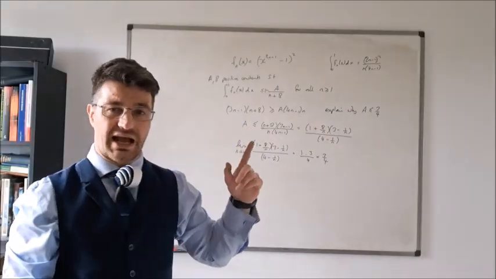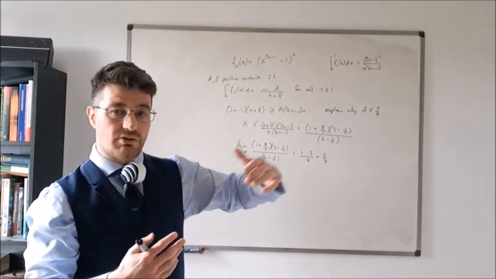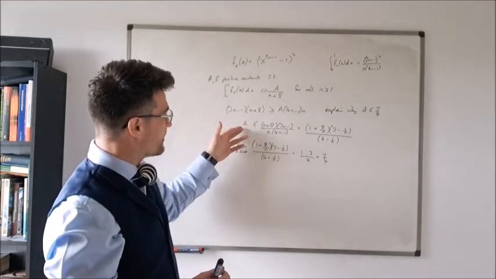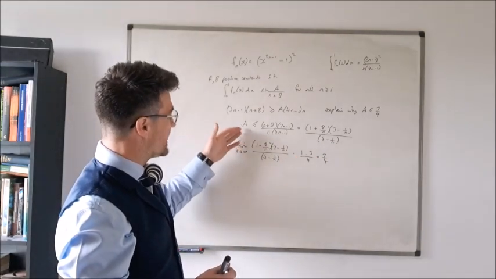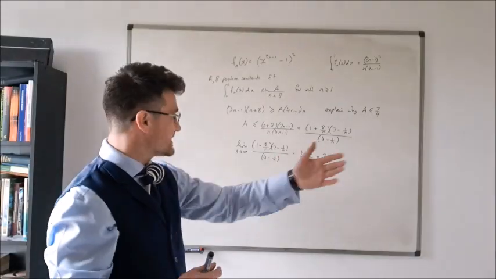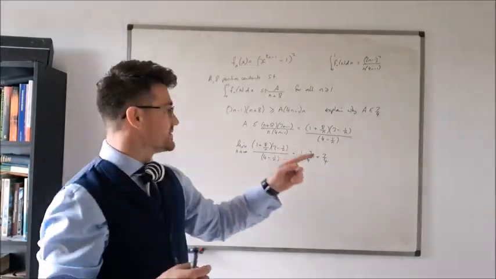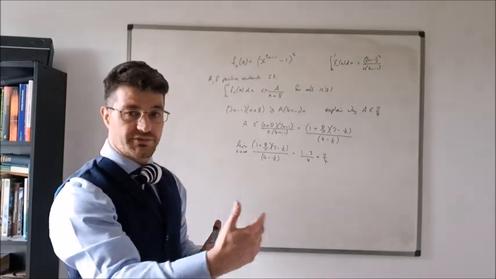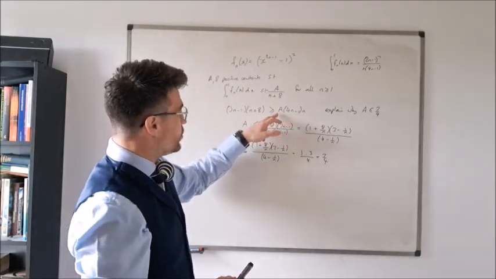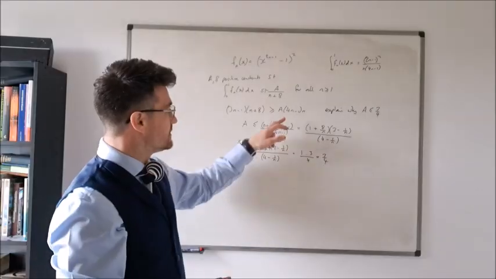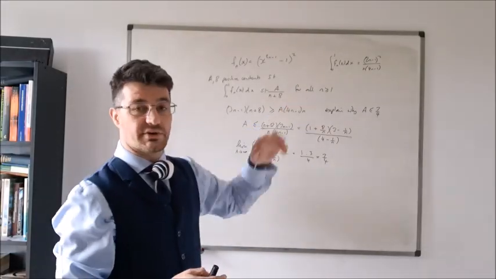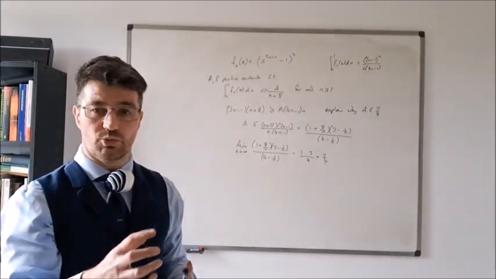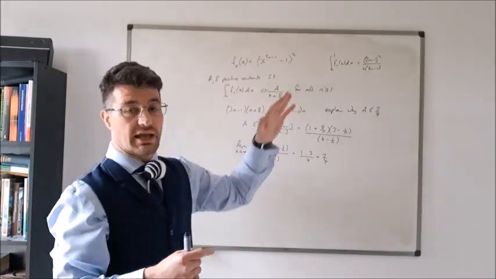So I was thinking, how can I guarantee that even if a is less than or equal to 3/4, and that guarantees that for large enough values of n this inequality is going to hold, what about the first few? The first finite few terms. Will this inequality still hold? Because it's got to be for all n greater than or equal to 1. It's not that there's a couple here and there where it doesn't work. It's got to be for all n greater than or equal to 1.